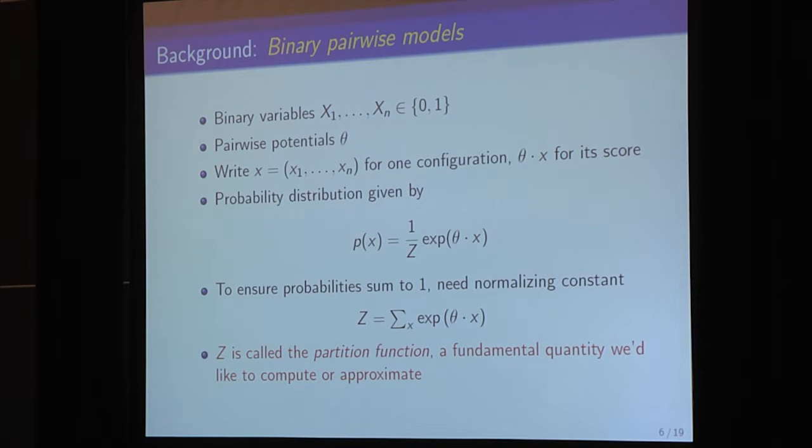Then the probability distribution is given by this expression in the middle. The probability of any particular configuration is proportional to e to the score. But in order to ensure that we have a valid probability distribution which sums to 1, we need to compute this normalizing constant, written as Z, which is the sum over all states of e to the score. This is called the partition function, which is a fundamental quantity we'd like to compute or approximate.